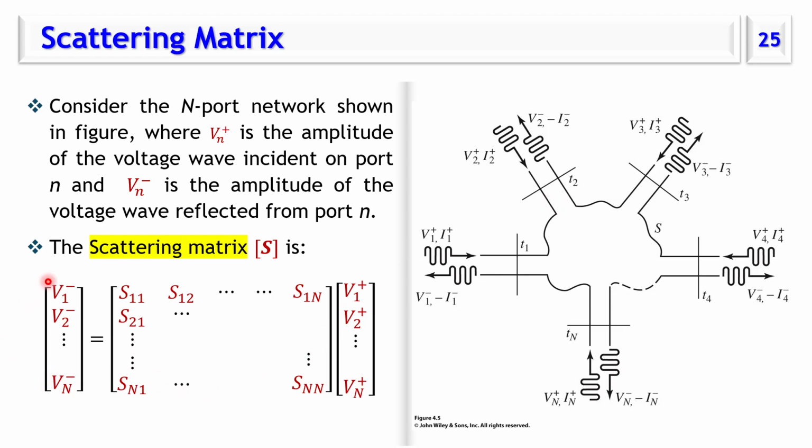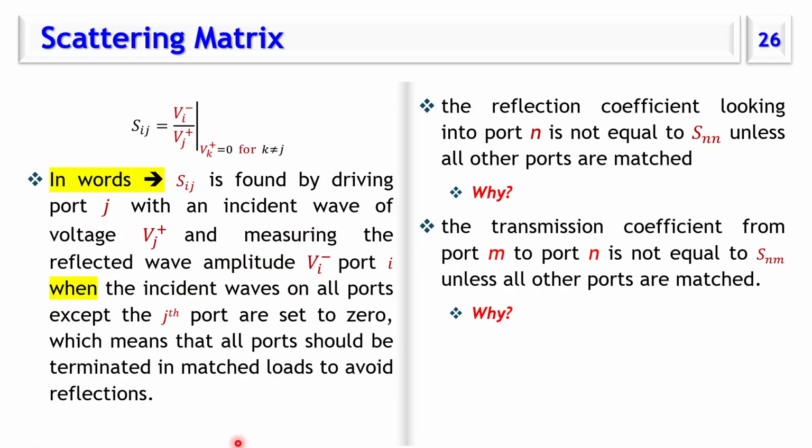So this is the general expression, or the general format, of the scattering matrix. The definition of element Sij is Vi negative divided by Vj positive when all the positive waves equal 0 except for the j element.